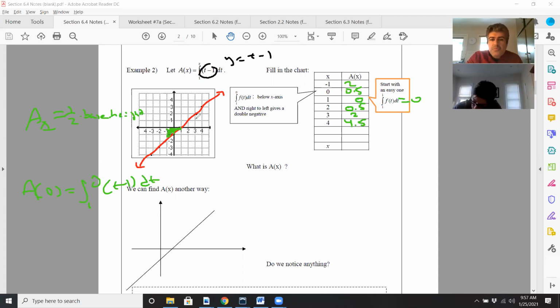Now, does anyone want to take a stab as to what A of x would equal here? Anyone have a general idea of what A of x could equal here? It's not terribly easy. Don't worry.